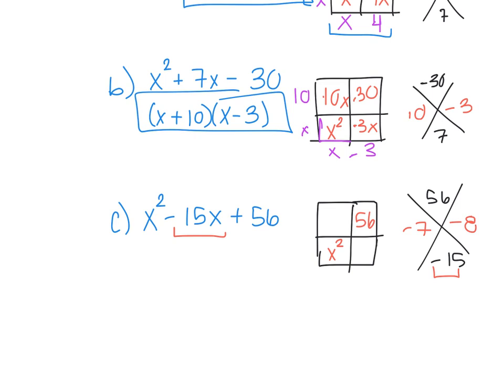So now I'm splitting my negative 15x into negative 7x and negative 8x. So that means the dimensions of my area model would be x times x there, negative 8 here, and negative 7 there. So this factors to x minus 7 times x minus 8.